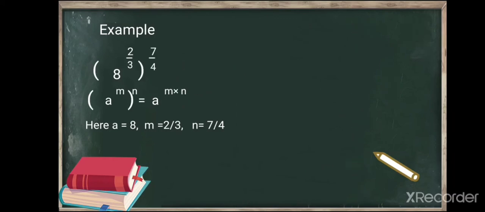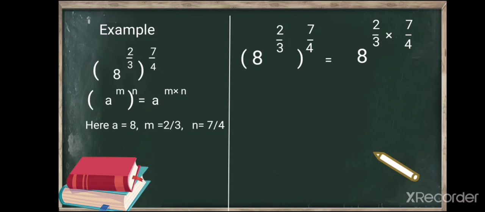Let's see the next example. In this example, again you can see the base is same but their index values are different. So by using this formula, we will get this term. Here by using the rule of multiplication of rational numbers, we will multiply numerator with numerator and denominator with denominator.